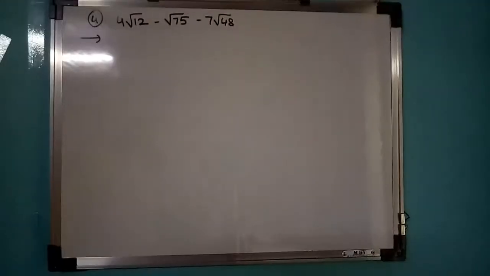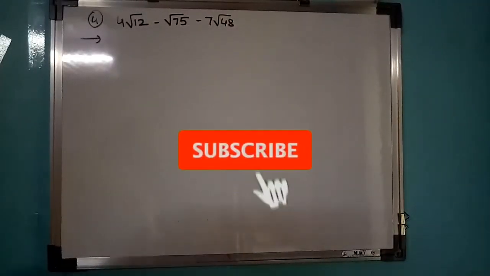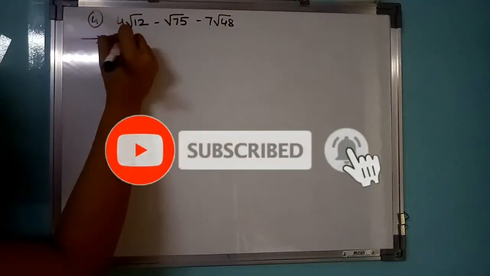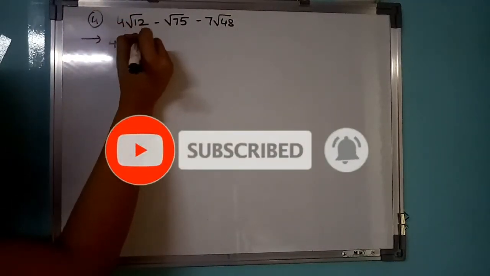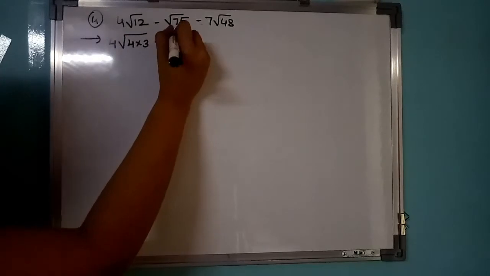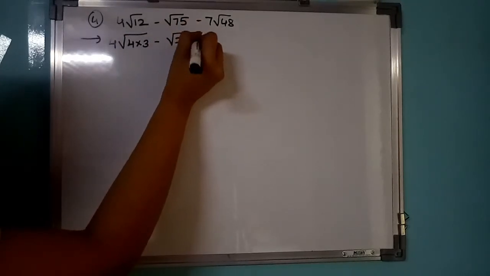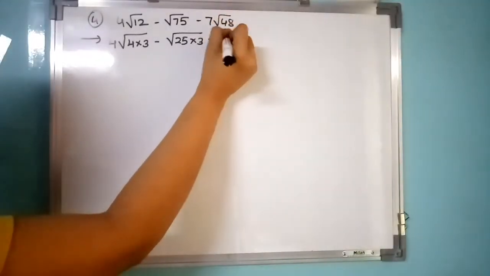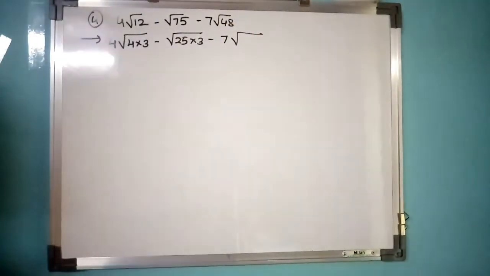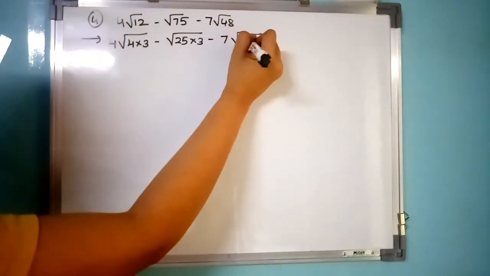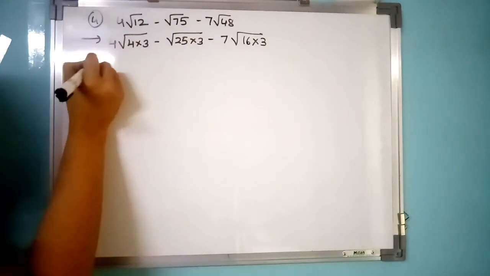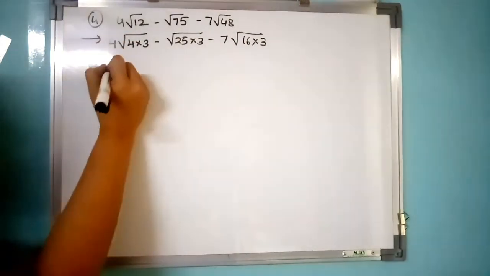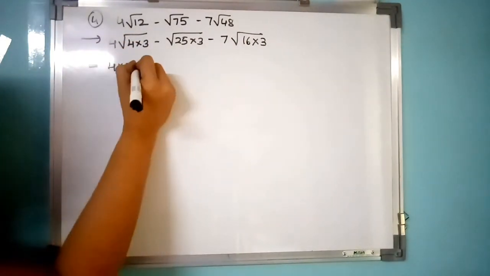Let's see one more example we have. Example number 4. Here we can see root 12, root 75 and root 48. If we split them with hidden square numbers, we find root 3 as common factor. So try to find out hidden square numbers first in the product form.